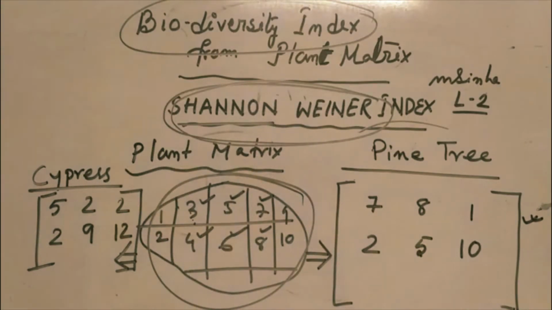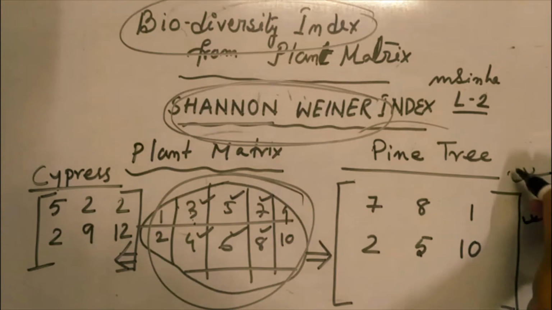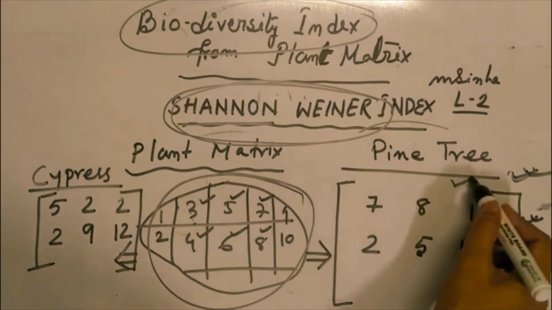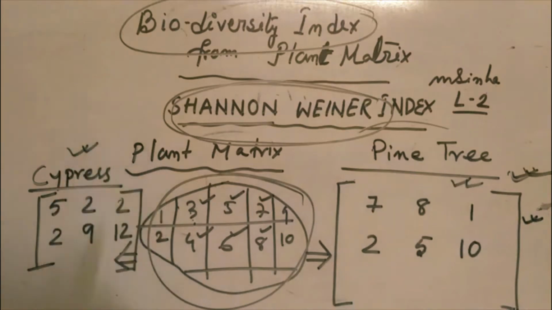For convenience, we are only taking a very few species for the easiest calculation. Now this is one of our matrices derived from the field survey, and this is one of our plant matrices, and this is another plant matrix.